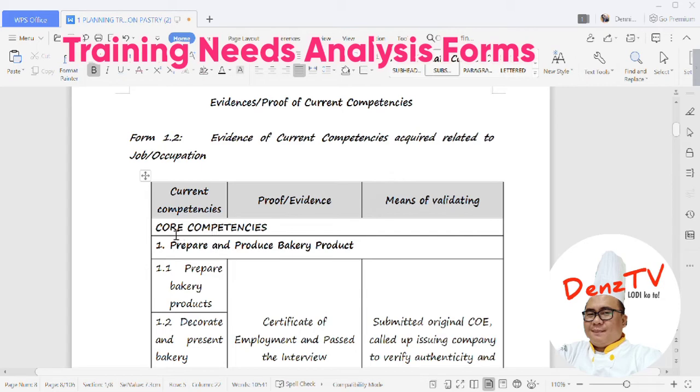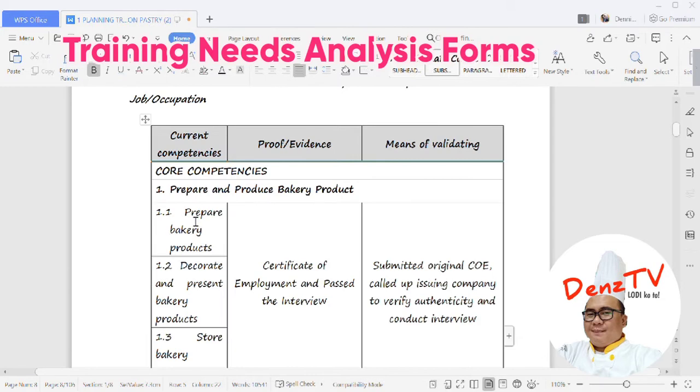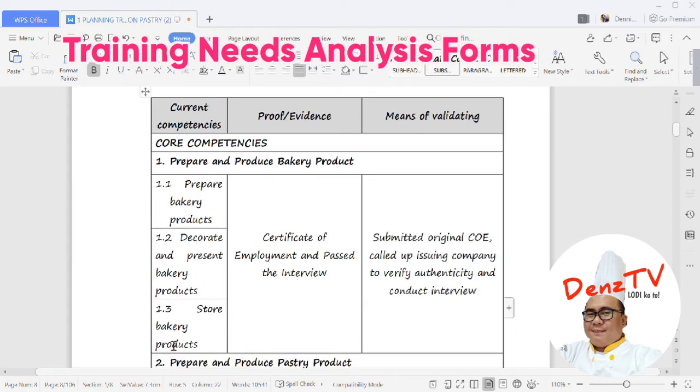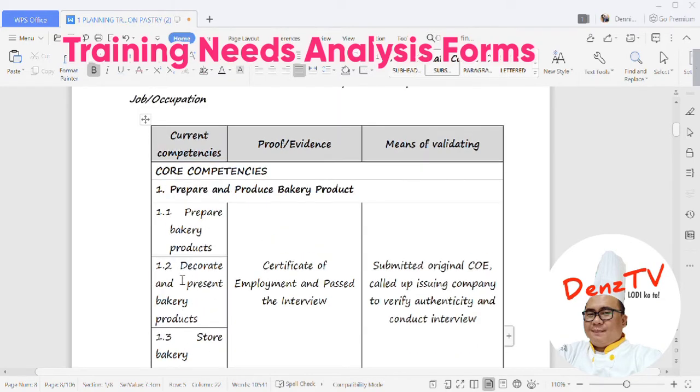I've noticed we have your core competency, prepare and produce bakery products. Now, the current competencies, these are all the units of competencies, including the LOs, the learning outcomes. So all you have to do is copy and paste it here.